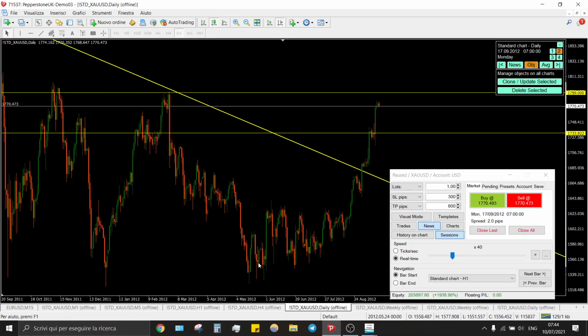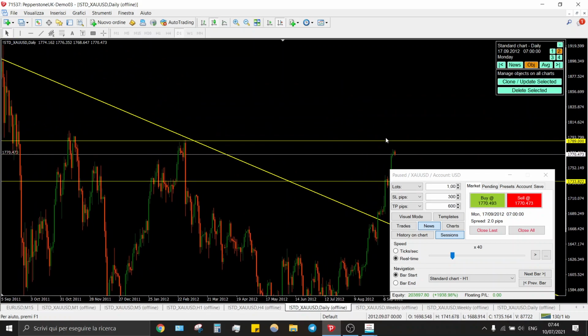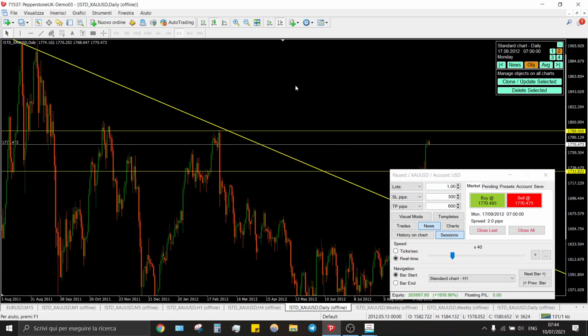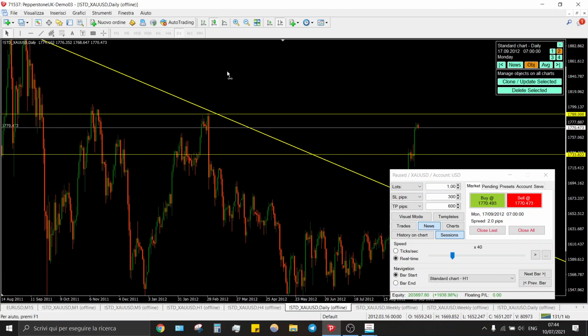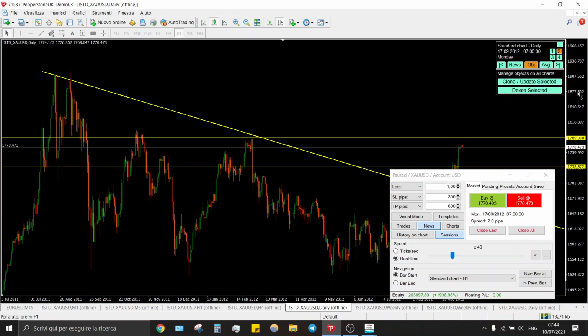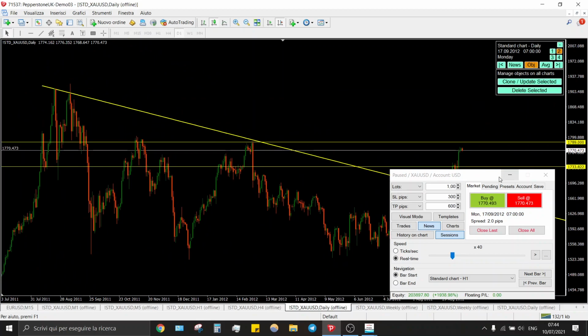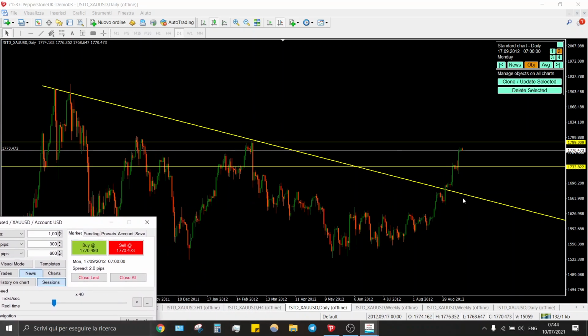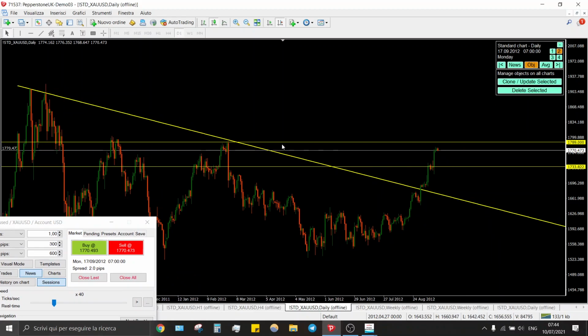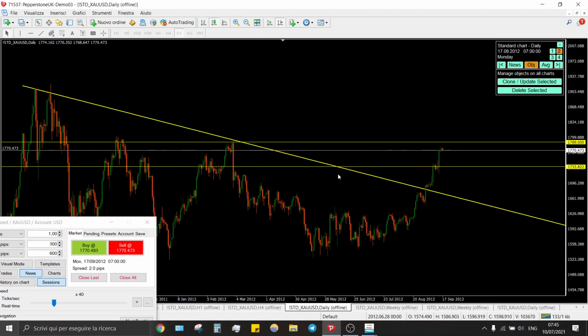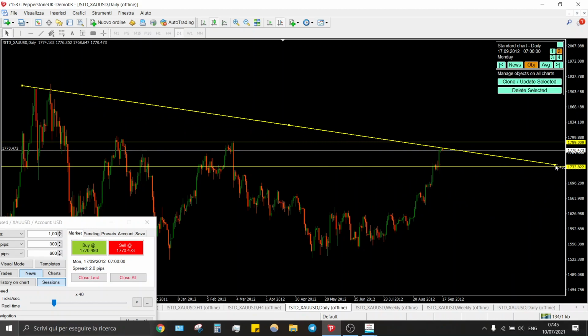So we have to consider that unless price breaks above this level, we can still consider the trend bearish, because overall, if you zoom out, it's still bearish. We just need to connect here, and it's still bearish.